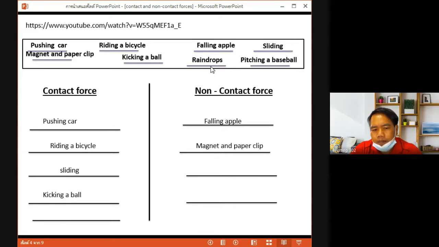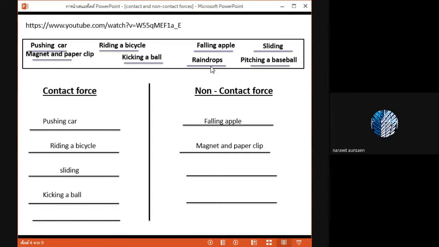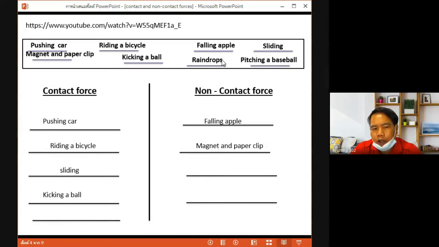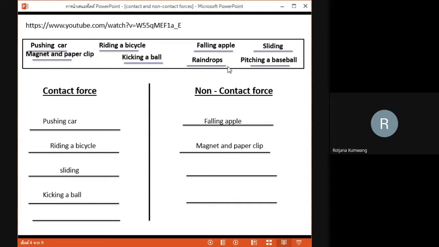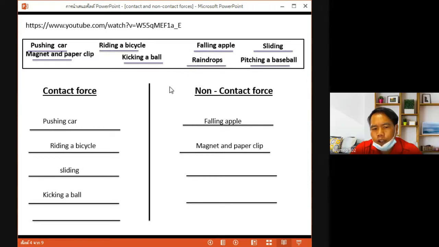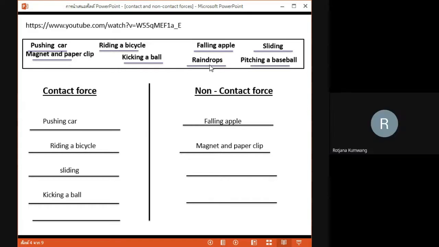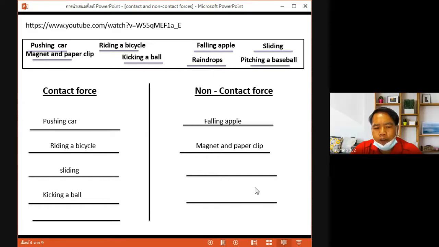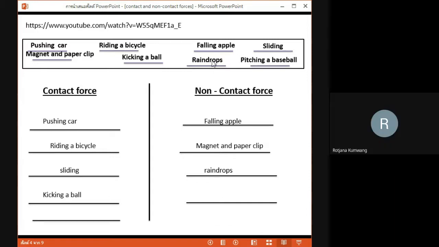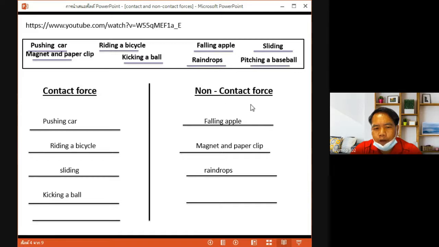Raindrops: contact force or non-contact force? Non-contact force. Okay, very good, Gundam. So it is already correct. Raindrops is an example of non-contact force.